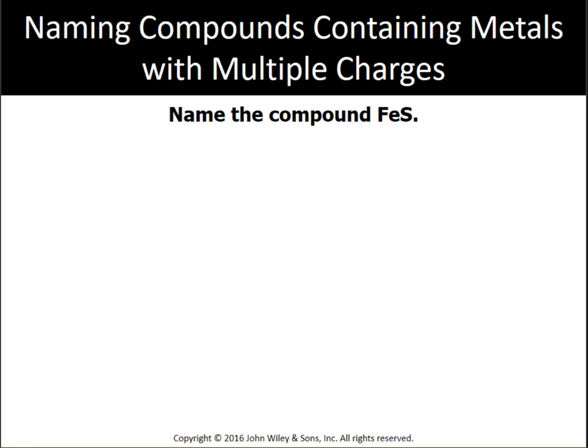Now, iron can have multiple charges, but how do we know the charge of iron in this particular compound? The way to find the charge of iron is by looking at the anion. So based on the formula, you have 1 iron plus 1 sulfur, and sulfur is in group 6A, so the charge of a sulfide ion is 2 negative.